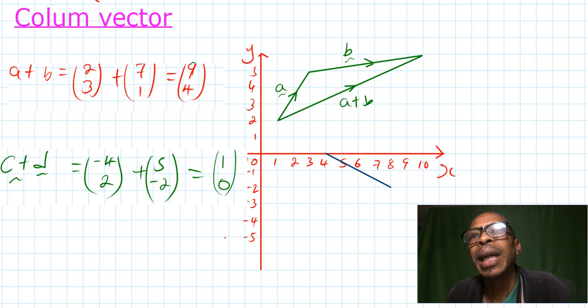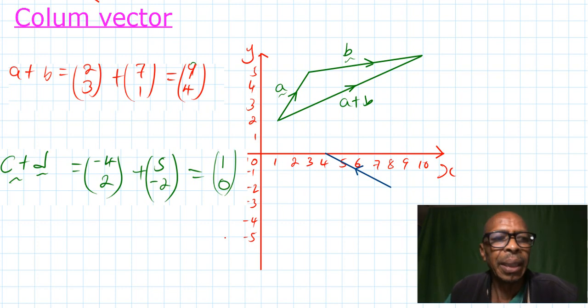So that is our vector C, this is our point C.